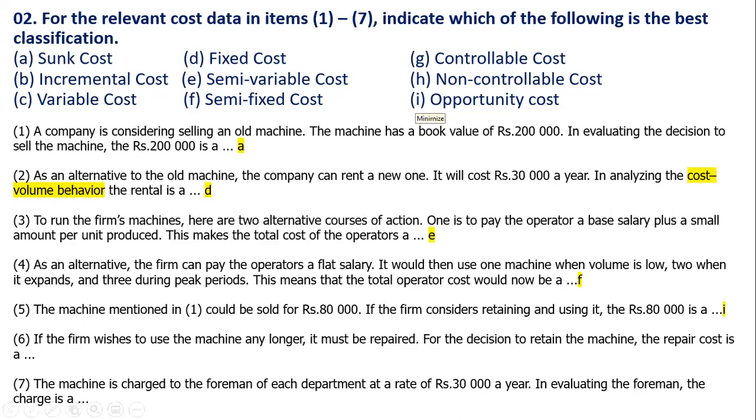Okay. Good, I appreciate it. But I would like to see more attempts. If the firm wishes to use the machine any longer, it must be repaired.